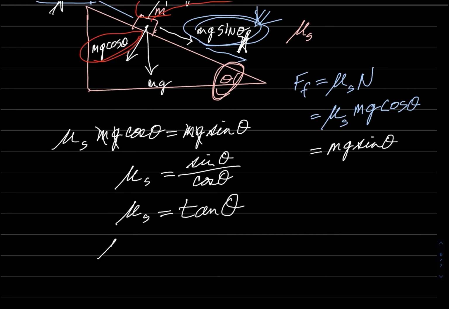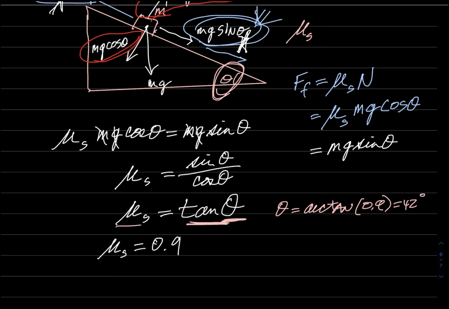So for example, if the coefficient of static friction is, let's say, 0.9, then the maximum angle you can hike the wedge up to before the mass slips, theta, will be the arctangent of 0.9, which is 42 degrees, because tangent of 42 degrees is 0.9.